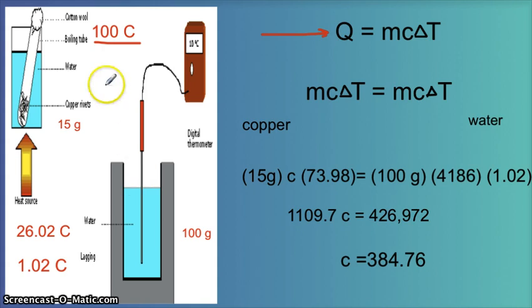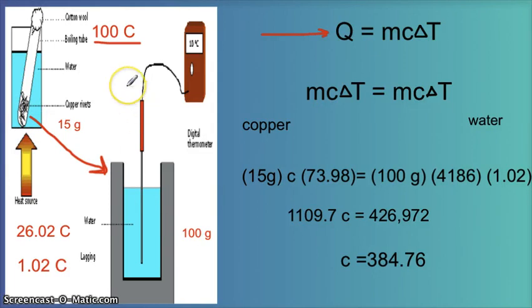So if we can increase the temperature of the water by putting this hot stuff in it, then that lets you calculate the specific heat of this. If this conducts heat very well, then it would raise the temperature a lot. If this doesn't conduct heat very well, then it won't raise the temperature very much.